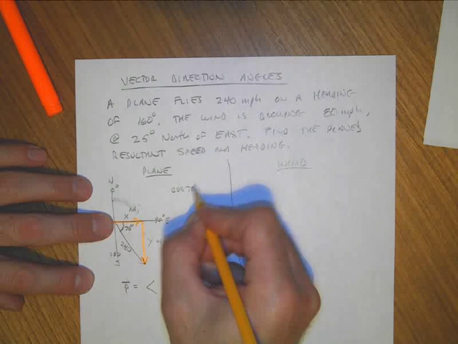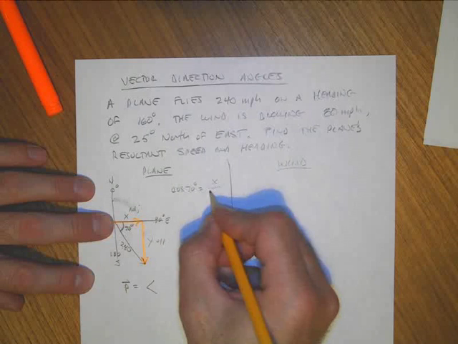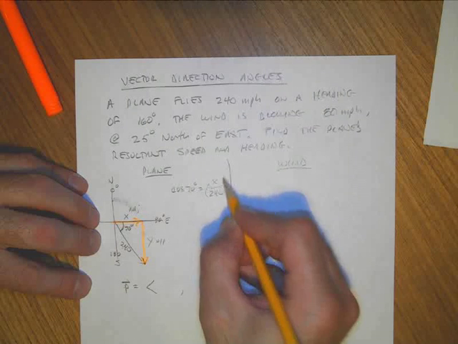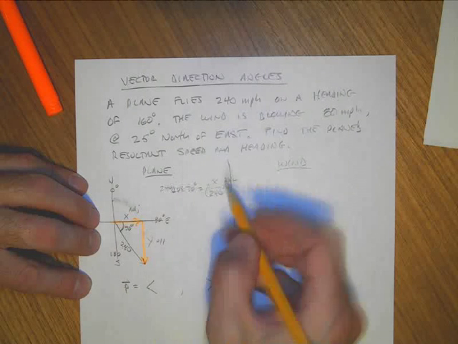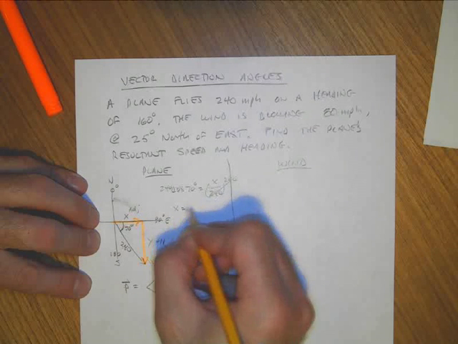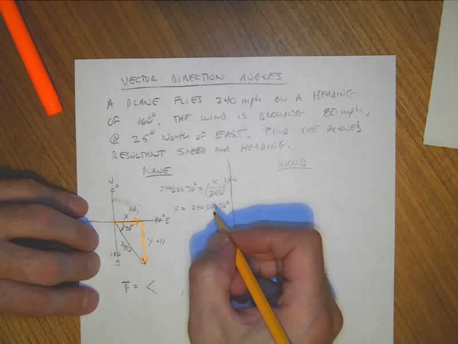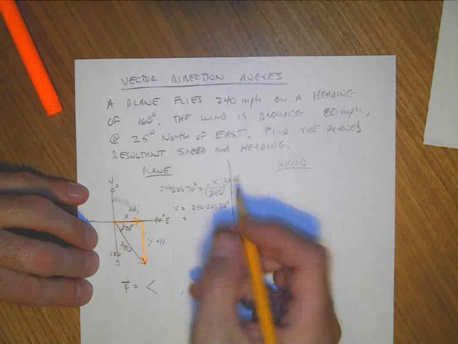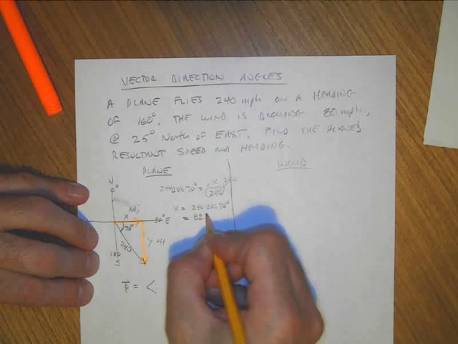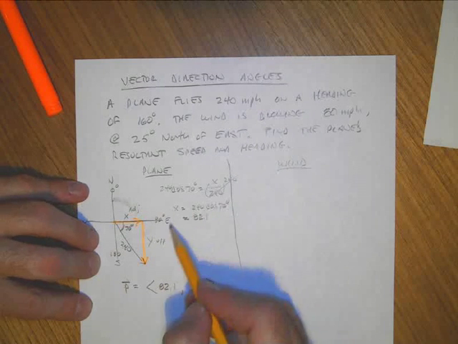So cosine of 70 degrees is adjacent over hypotenuse, and we can multiply both sides by 240, and we get that x equals 240 cosine 70 degrees. And if you pop that into your calculator, you will find it's approximately 82.1 miles per hour. So there's our x component.